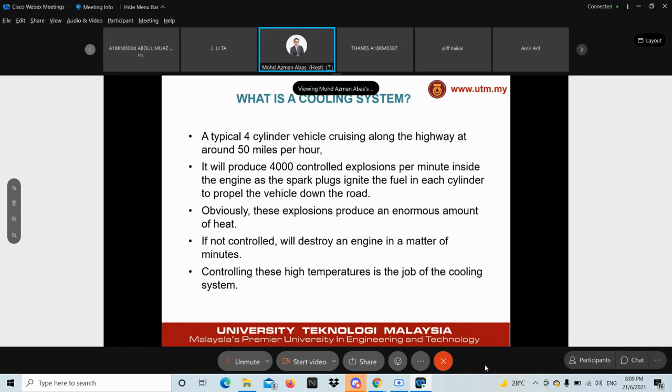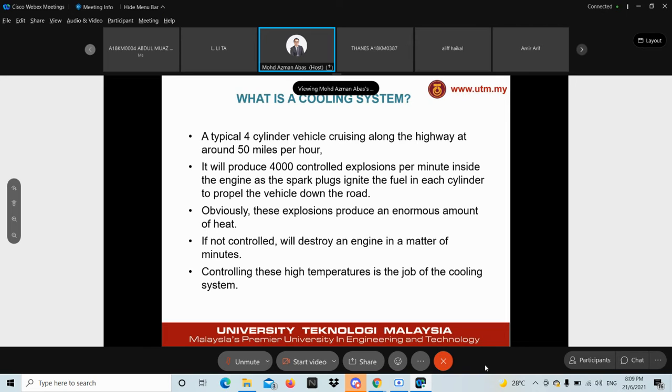Just imagine you have a typical four-cylinder engine in a vehicle cruising along a highway at around 50 miles per hour. During this operation, the engine will roughly produce about 4,000 explosions per minute.